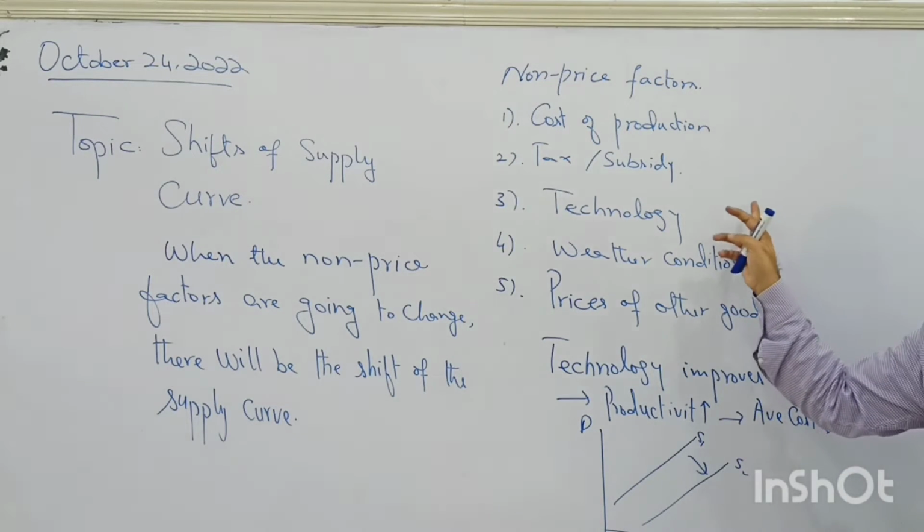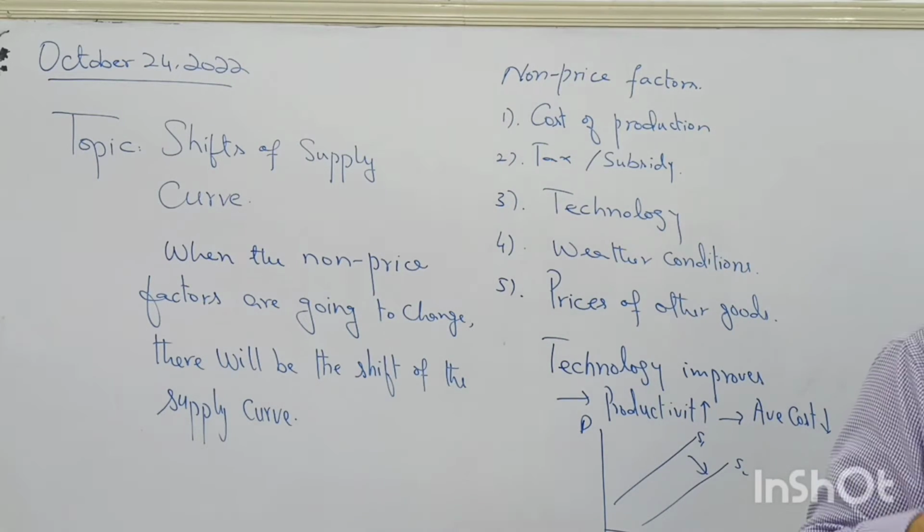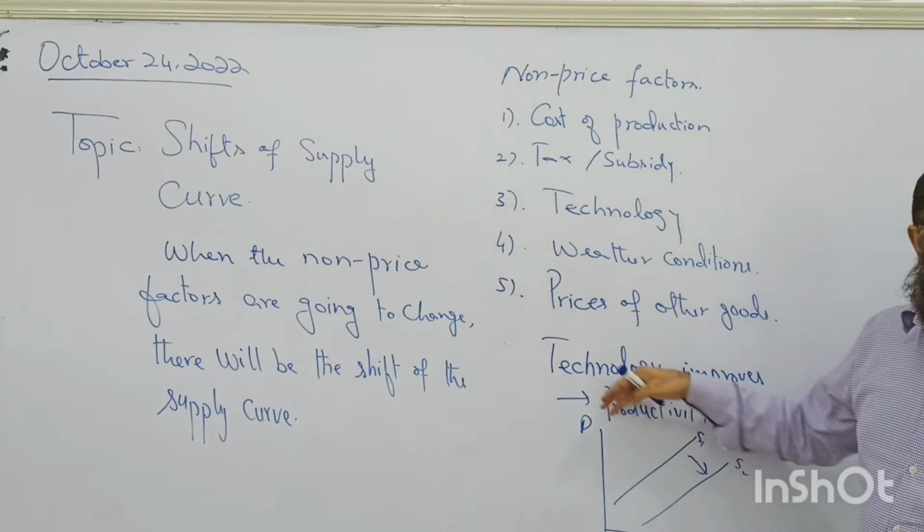So when technology is outdated, it has more depreciation and requires more maintenance cost. Sometimes we are running an old technology which is most of the time out of order. So what happens? The cost of maintenance will increase and supply will decrease.